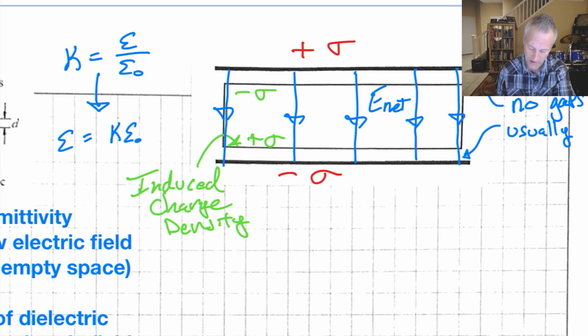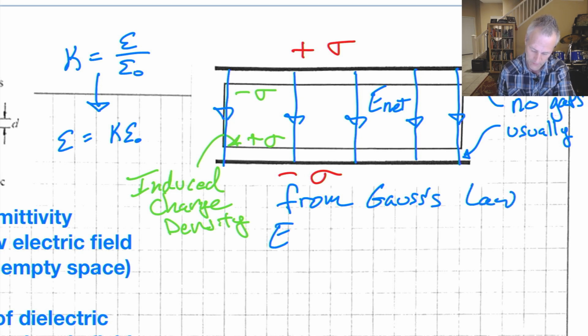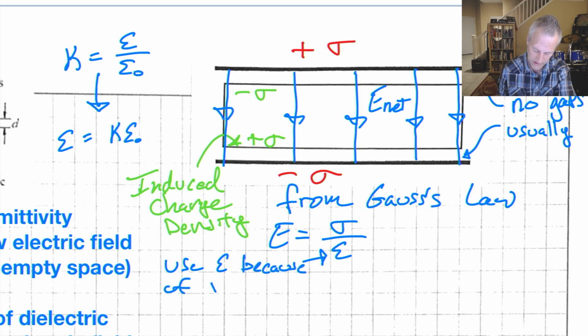And if I apply Gauss's law here, we get E equals sigma over epsilon, and I'm going to use epsilon because of the dielectric.